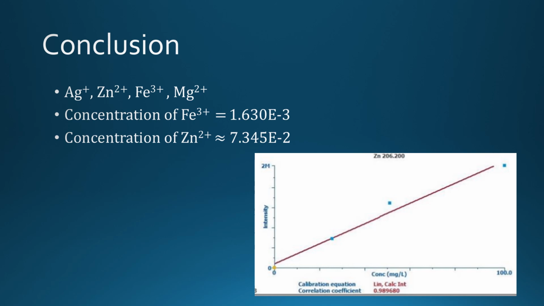However, as I said earlier, that one should be taken with a pinch of salt. There are some uncertainties there, but that is pretty much what the concentration of that is. So I think that pretty much wraps everything up.